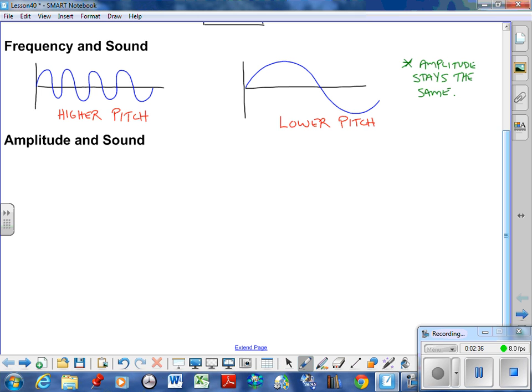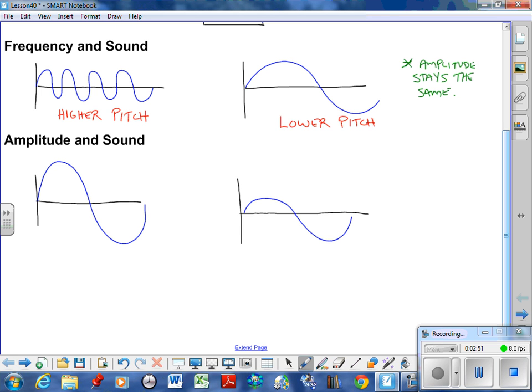What happens if we adjust our amplitude? What would that look like? Well, I'm going to maintain the same frequency this time. However, there's your resulting change.